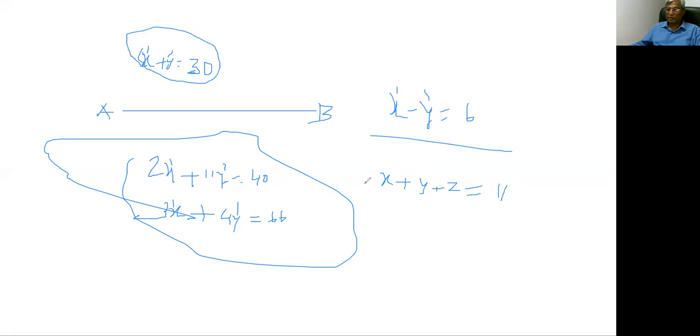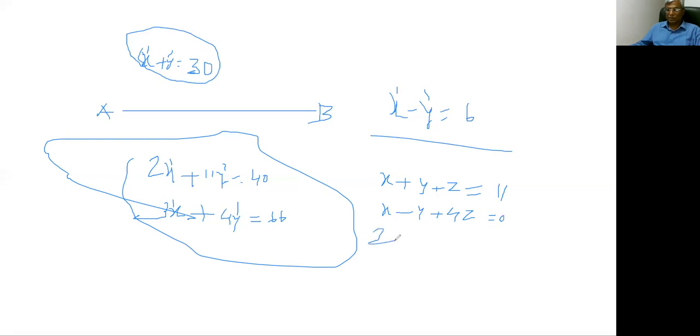If there are three variables, then for the solution purpose, you must have three equations. It is very basic, and I am not going to discuss that. And this is x minus y plus 4z is equal to 0.